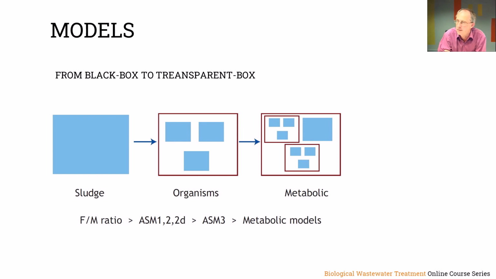Then you can go one step further. You can describe the metabolism of the organism. You can describe the metabolic routes inside the organisms. You make it more and more a white box model. You describe more and more in detail what's going on. And the trick is, of course, for each process to figure out what is the adequate level of description.